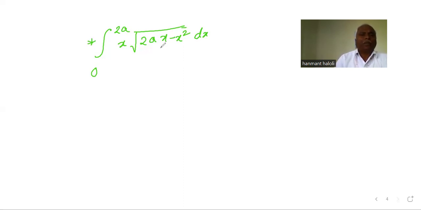Integral 0 to 2a of x into root of 2a x minus x square dx. This is just an example, but by using this simple concept our target is to convert the integrand to x raised to m minus 1 and 1 minus x raised to n minus 1 dx. Here 2a is there, x is there, and here also x is there. You can take one x from outside.